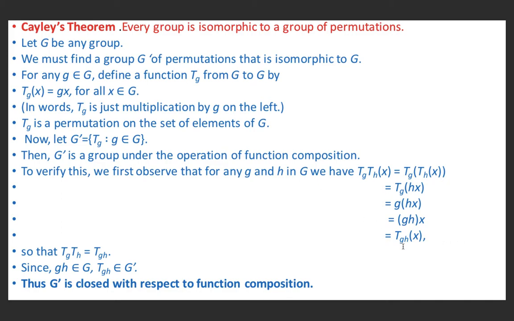It means T_g T_h = T_gh. Since gh is the element of G, therefore T_gh belongs to G'. It means G' is closed with respect to function composition. This is the first property of a group.